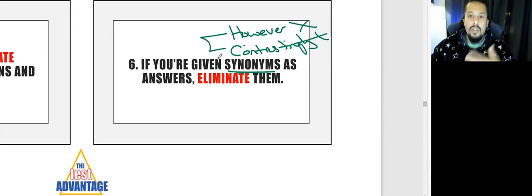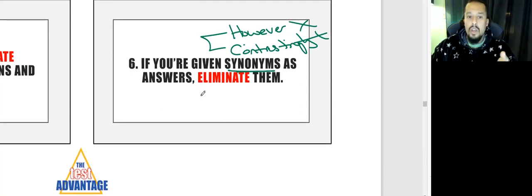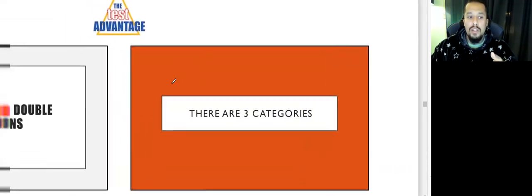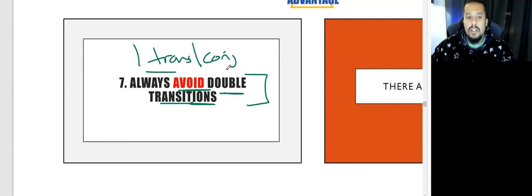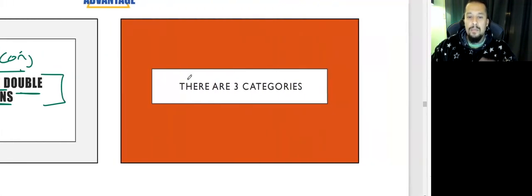Similar transitions eliminate one another. They're redundant answers. So it's another strategy we can use to answer transitions. And then always avoid double transitions. You can only have one transition or conjunction in a sentence. Just make sure you're aware of that because you never know, the test makers might use this.